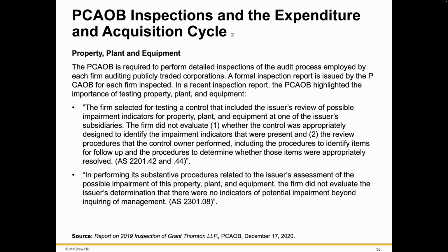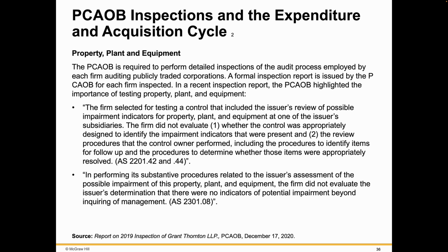the control was appropriately designed to identify the impairment indicators that were present, and two, the review procedures that the control owner performed, including the procedures to identify items for follow-up and the procedures to determine whether those items were appropriately resolved.